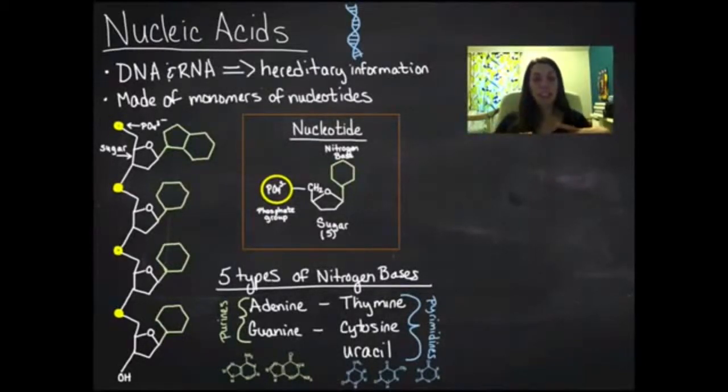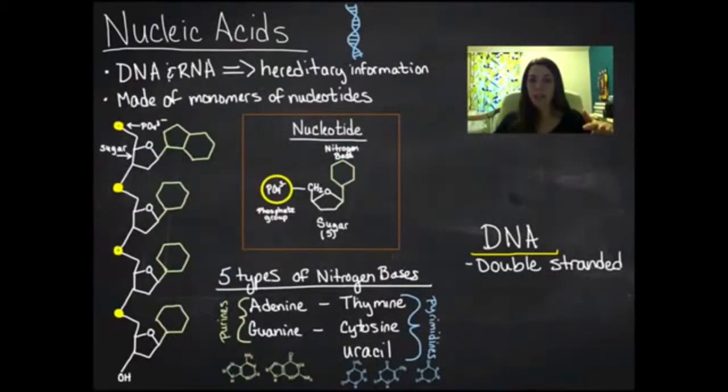So uracil is going to bind to adenine. So if I have an adenine in my DNA, when I make an RNA copy of that, it would go A to U. And we're going to do activities on that in class. So those are my 5 nitrogen bases. And so in DNA, I'm going to have a double strand, and I'm going to have A, T, G, and C. So I'm going to put a little yellow check mark next to all 4 of those.